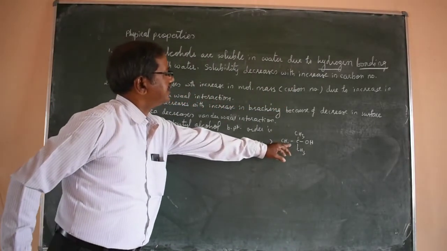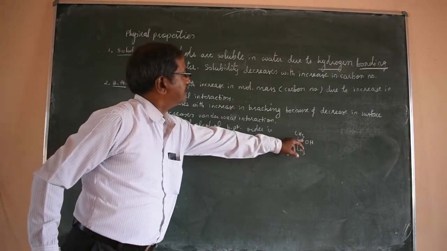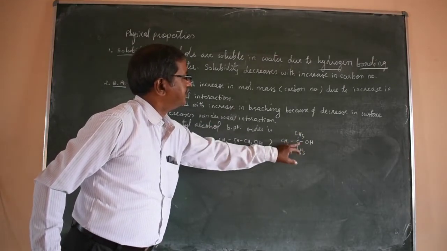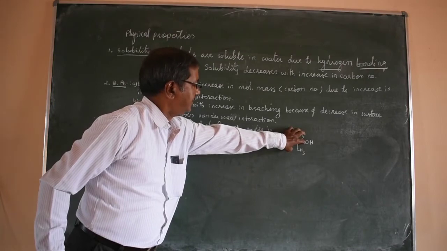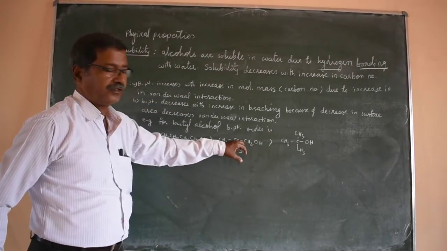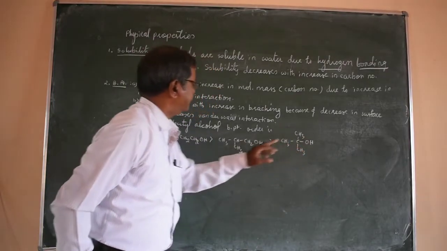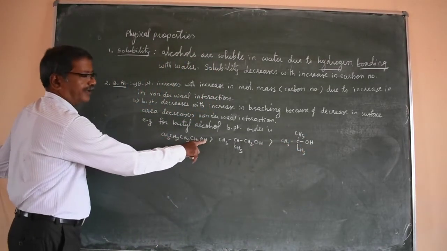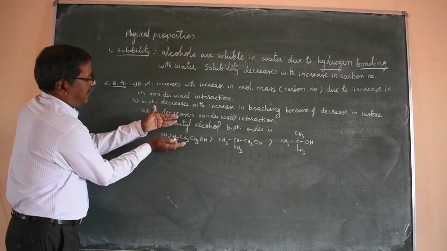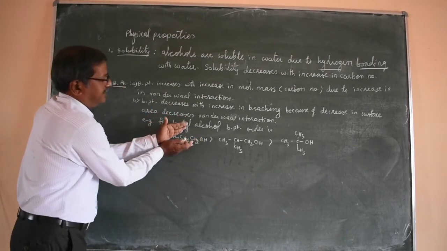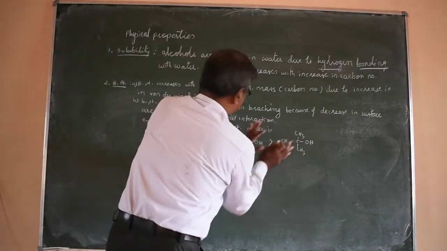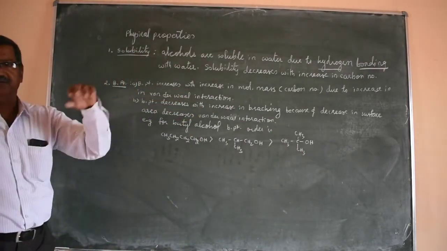Here branching is greater. This carbon is surrounded by 3 CH3. Branching is greater compared to this one. Here we have one branching, here we have two branches, and here there is no branch. It's a long chain, so we have a large surface area in this case compared to this one. So boiling point orders are of this type.